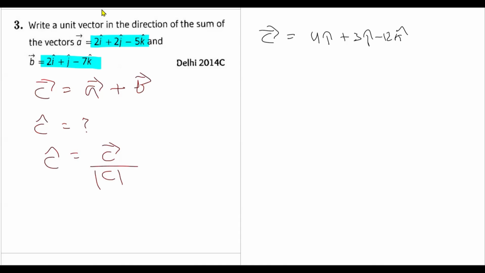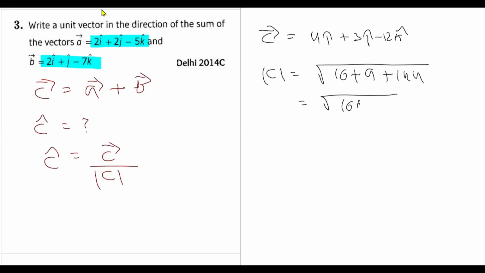So we got C. Now we have to get C cap, and for that I need the magnitude of C, which is under root 4 square 16, 3 square 9, and 12 square is 144. So it's coming as how much? This is 169. So under root 169 is how much? It is 13.